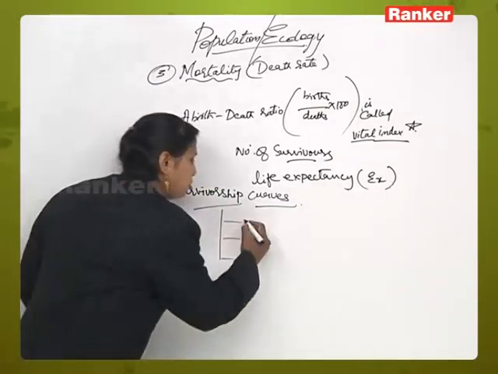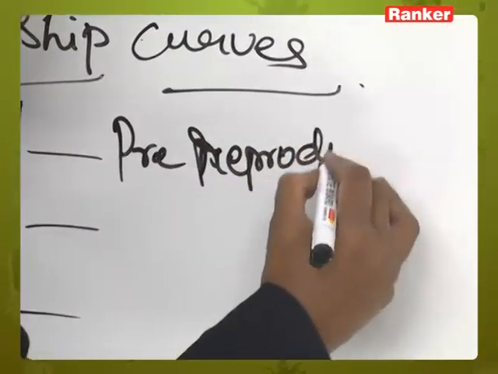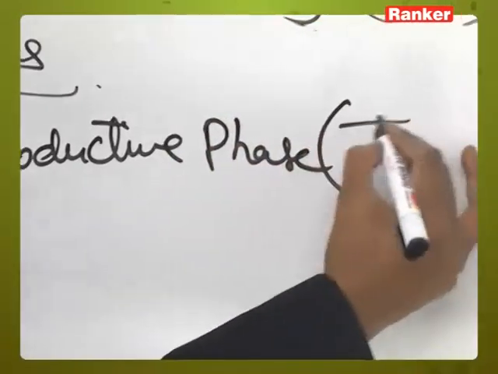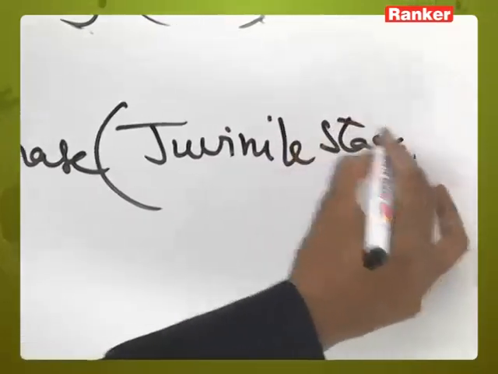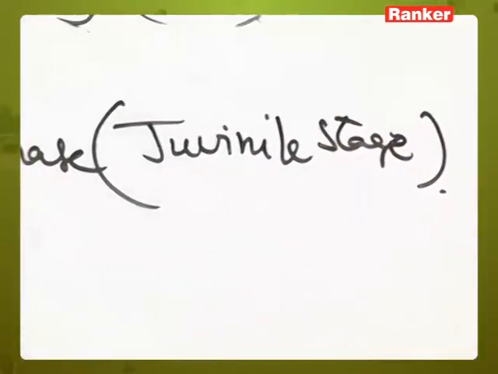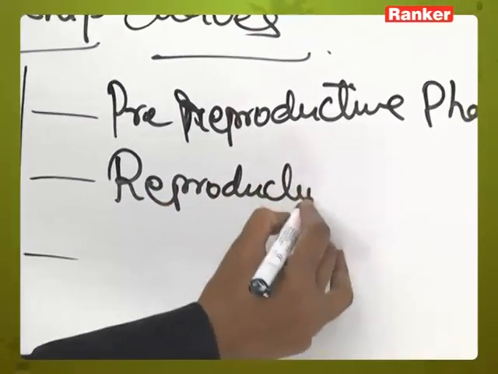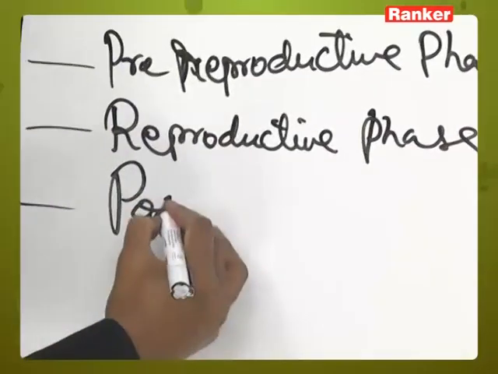The first one is called the pre-reproductive phase. It is also called the juvenile stage. Pre-reproductive phase, reproductive phase and post-reproductive phase.